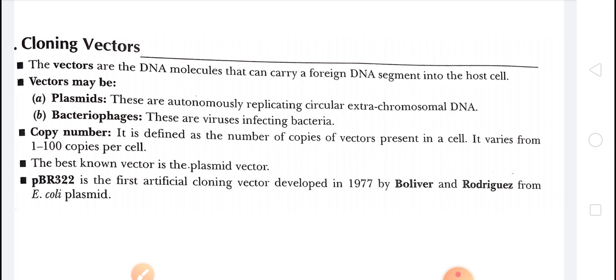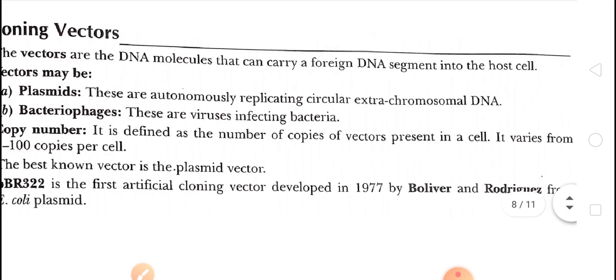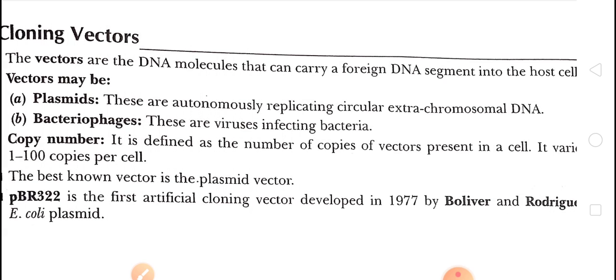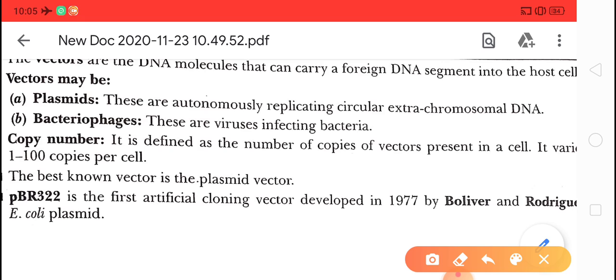We can say that a vector is a DNA molecule that can carry a foreign DNA segment into a host cell, and vectors may be of two types: plasmid vectors and bacteriophages. Plasmid is an autonomously replicating circular extrachromosomal DNA.